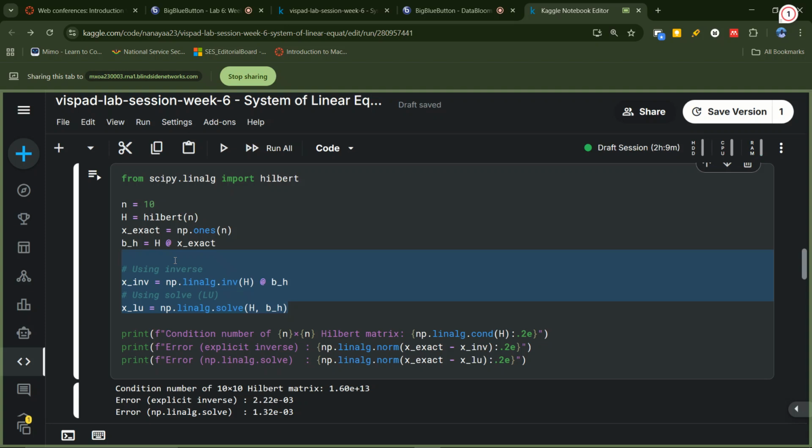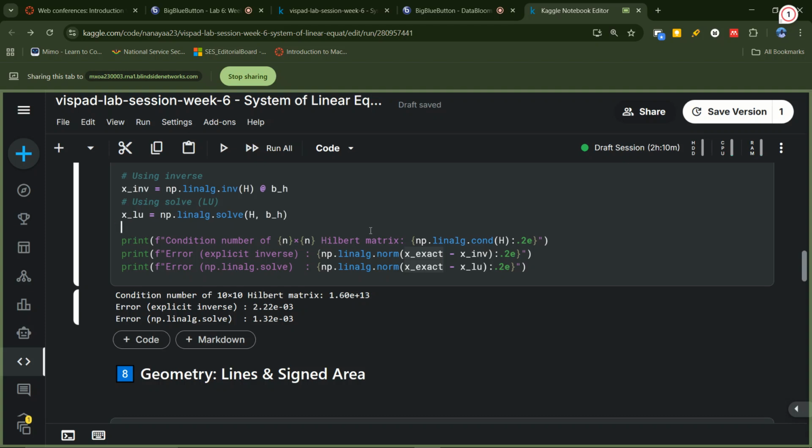Over here it defined X as np.ones, and n is the dimension, which is 10. What does it mean? It is one, one, one, one, ten times, right? B_H is what? H, some matrix multiplication, times X. You agree, right? Great.